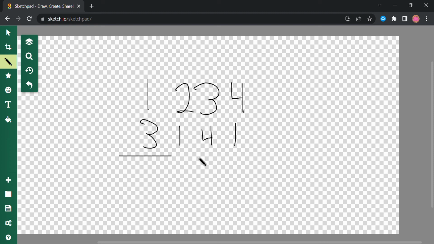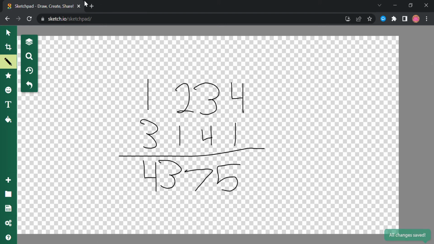I add it like it's two-digit addition. So I go 43, 75, 4375.